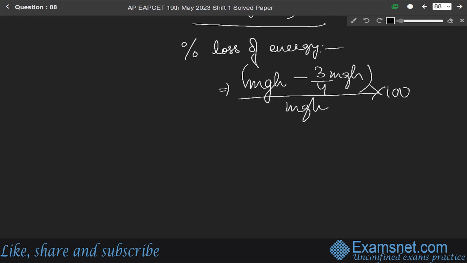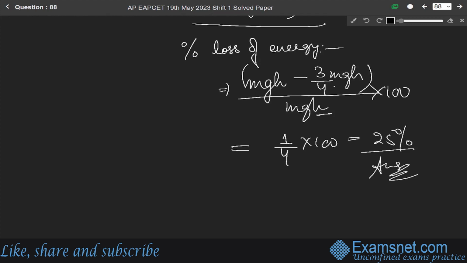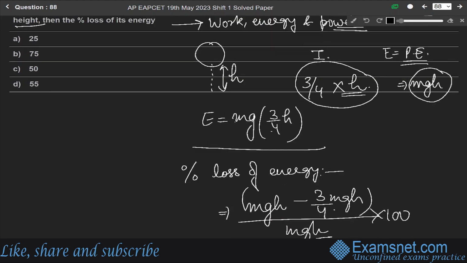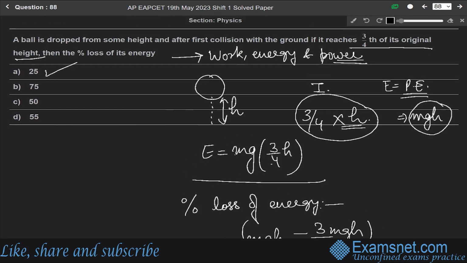Original minus final over original into 100. So it will be equal to 1 by 4 into 100, which is 25%. This is our answer. So our correct option is option A.